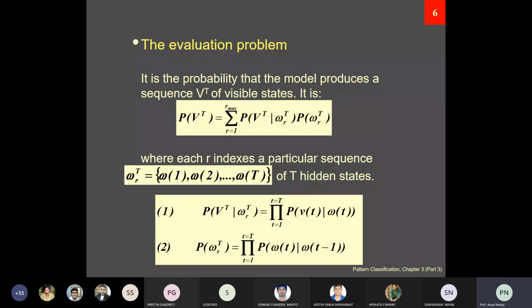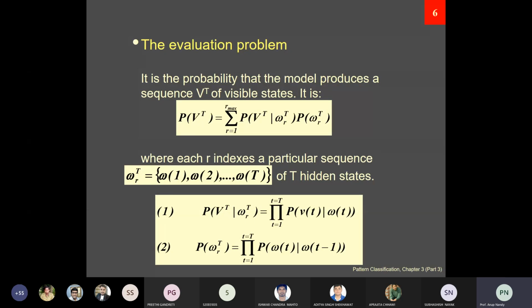And this term can be evaluated this way. This is an independent term, the probability of W^R_T. It is actually a transitional probability: the product over t is equal to 1 to T of probability of WT given WT minus 1. We have already seen what the transitional probability is.